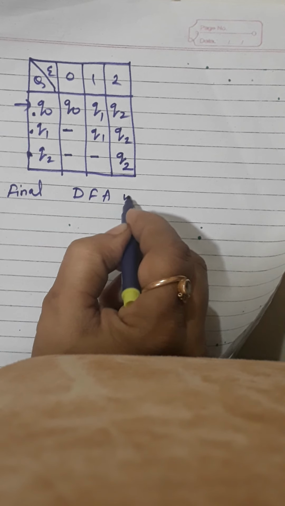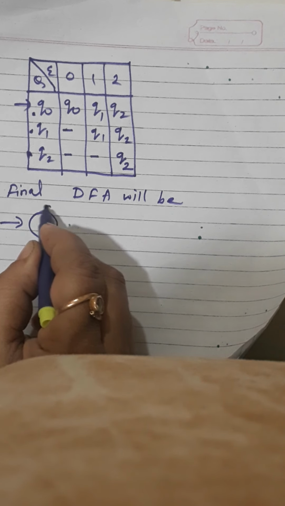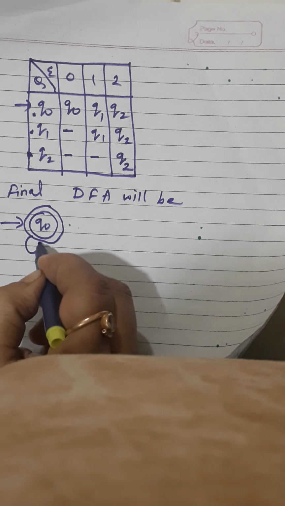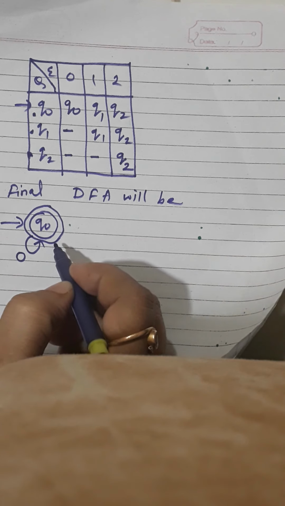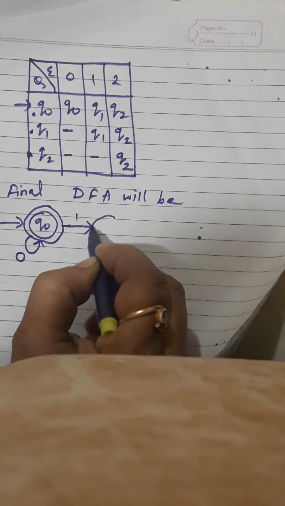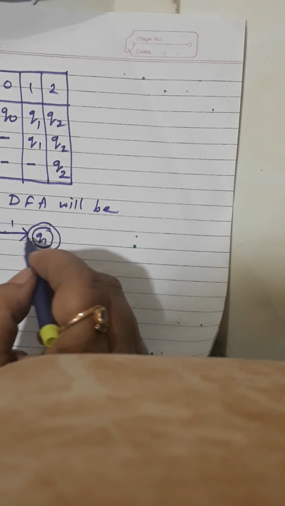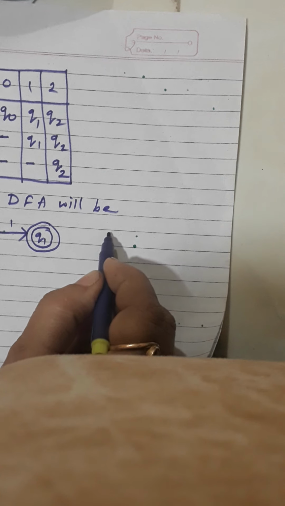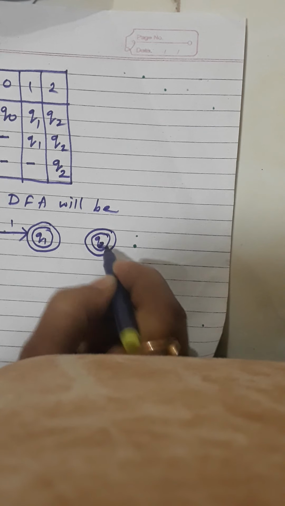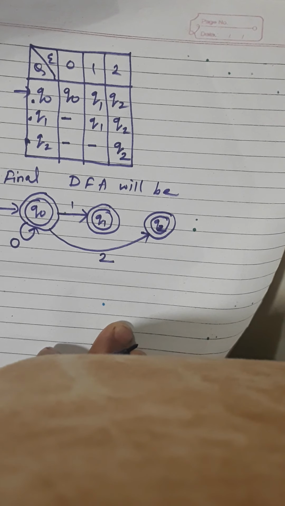My final DFA will be: Q0 on 0 moves to Q0, then Q0 on 1 moves to Q1, then Q0 on 2 moves to Q2.